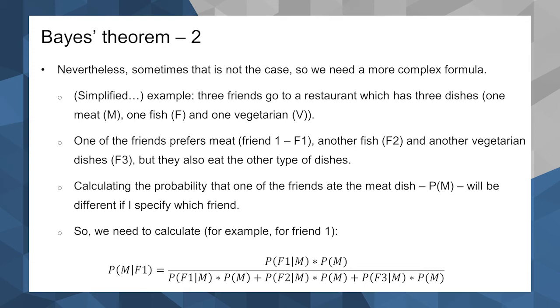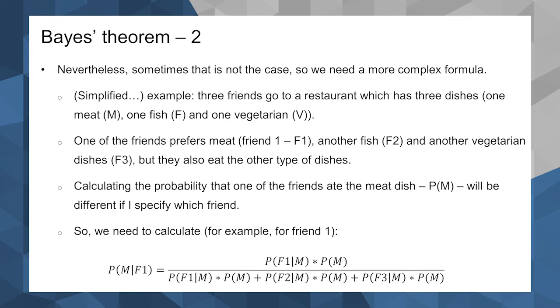Sometimes they do eat other dishes. Their preference just simply means that, take friend 1 for example, you would say that the probability that he will pick or she will pick a meat dish will be, say, 70%. Probability that they will pick a fish dish is 20%. Probability that they will pick a vegetarian dish may be 10%.